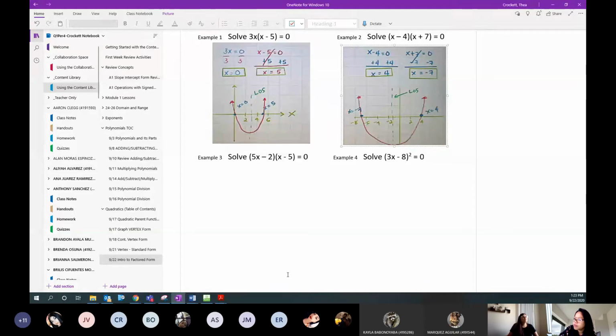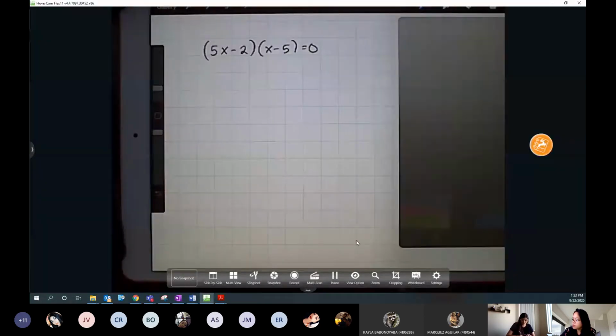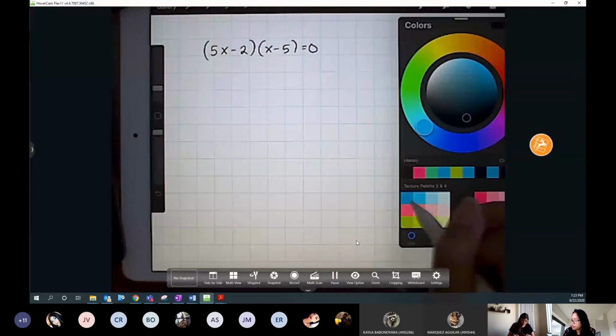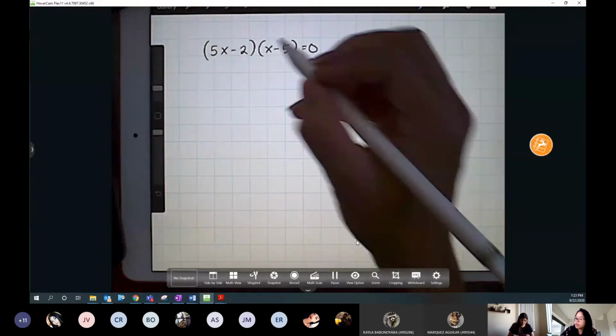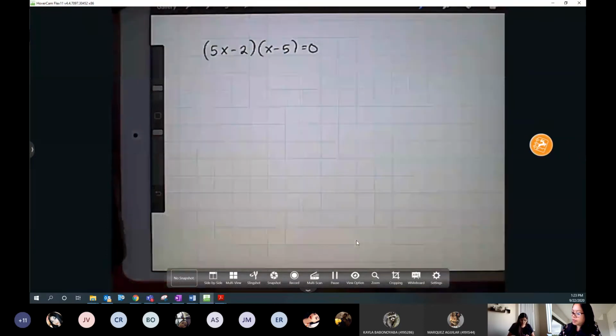All right, example 3 has two numbers to remove. So this is not a quick one because you have 5 on the x.